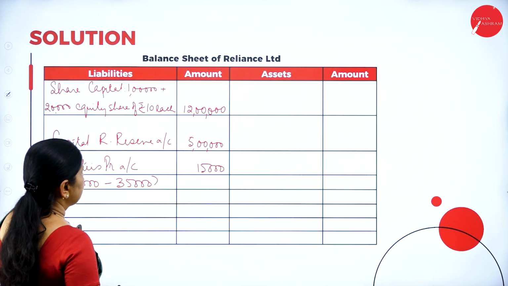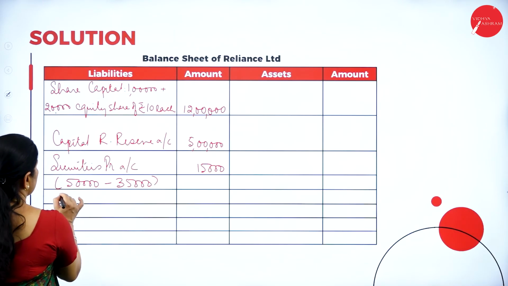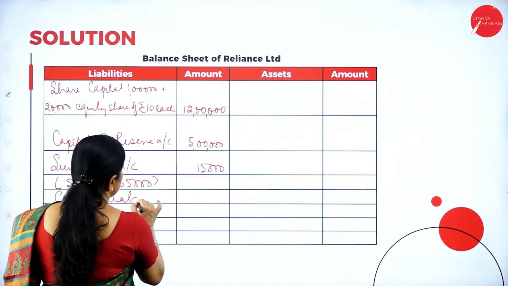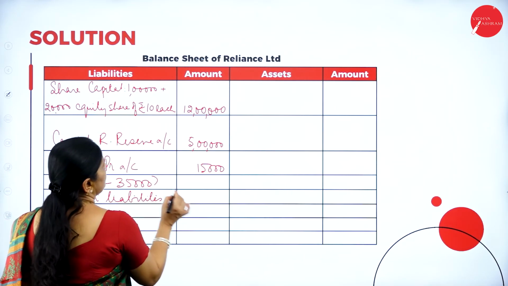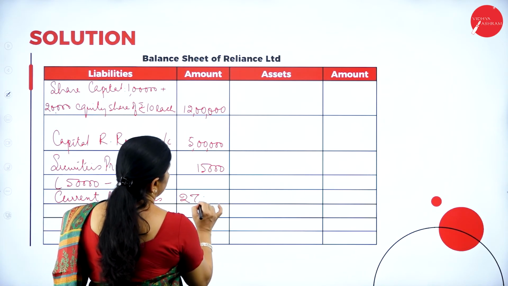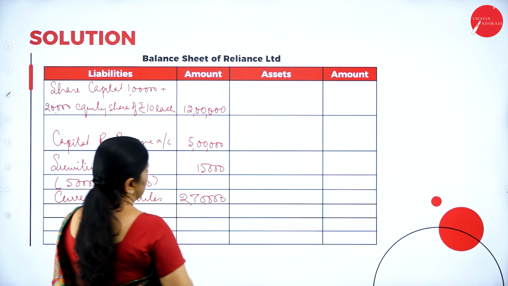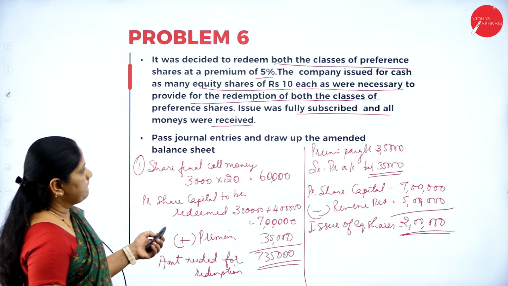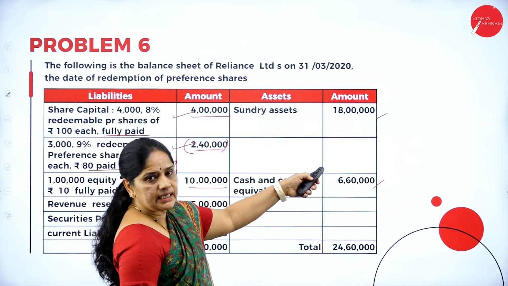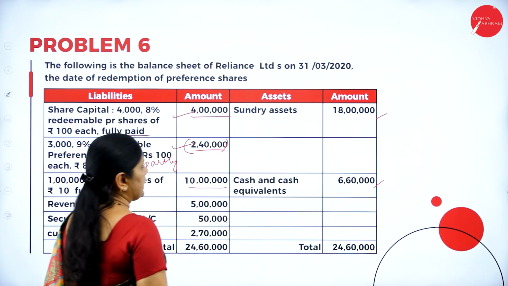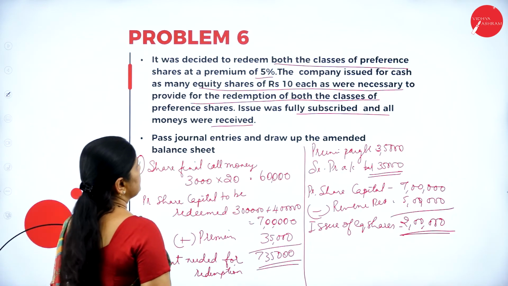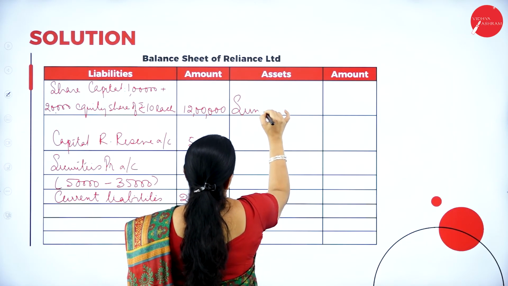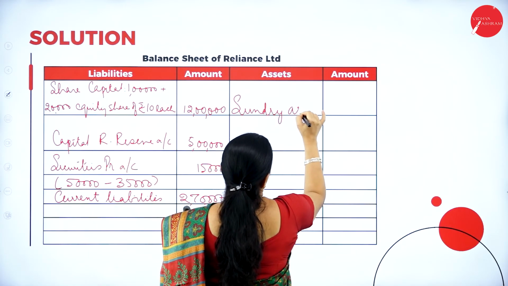So the current liabilities, there is no change here. Now in the asset side, sundry assets 18 lakhs. I write it as it is.